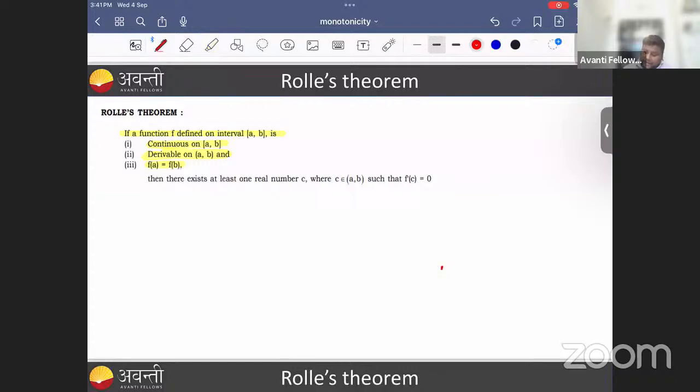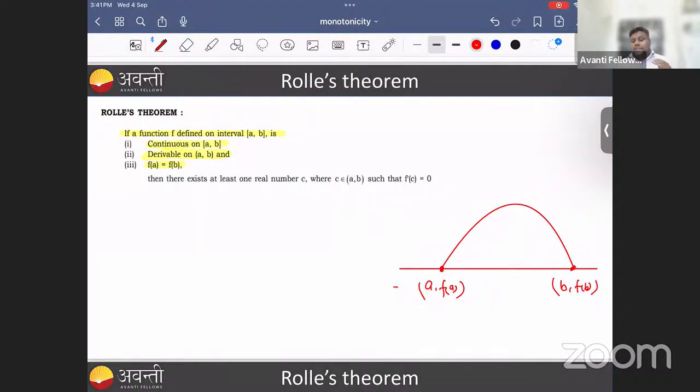What is happening? Say this is the graph. This is the point a comma f(a), and this is the point b comma f(b). The function is continuous in this interval, it is derivable in this interval, and f(a) equals f(b).